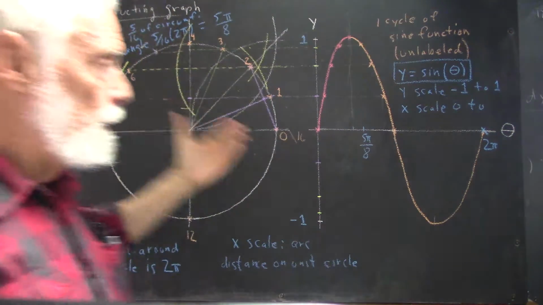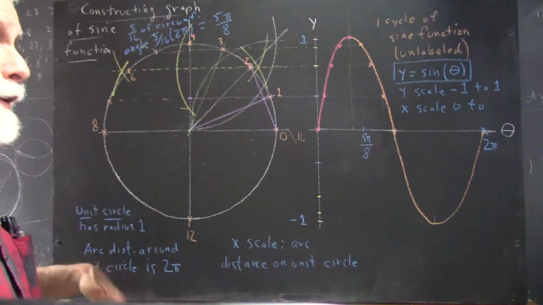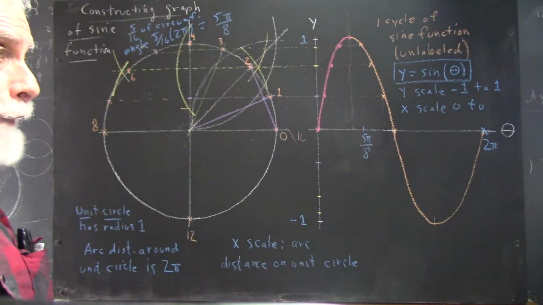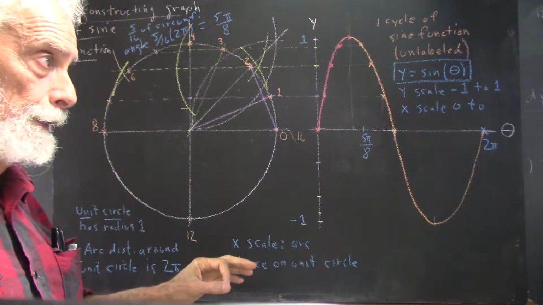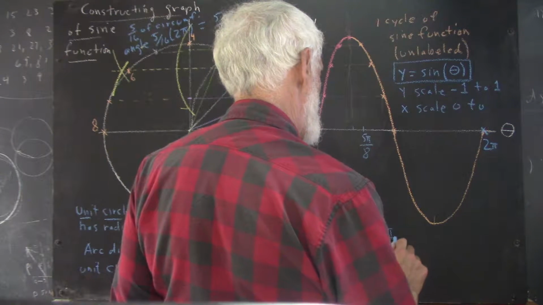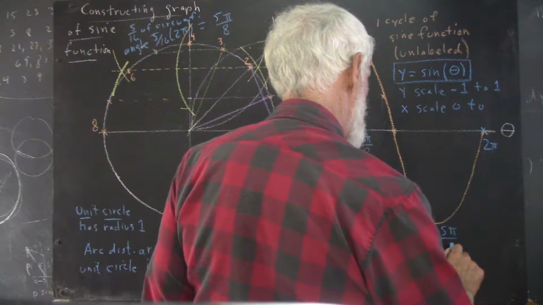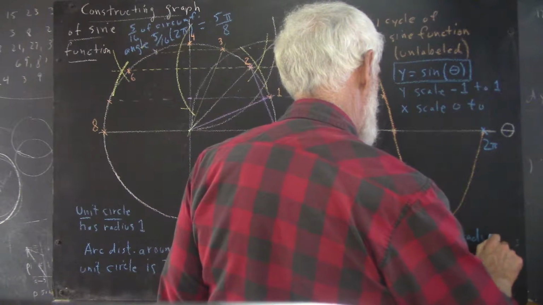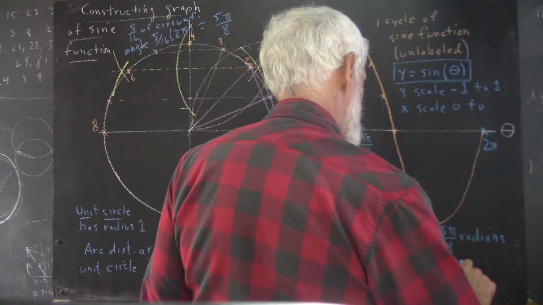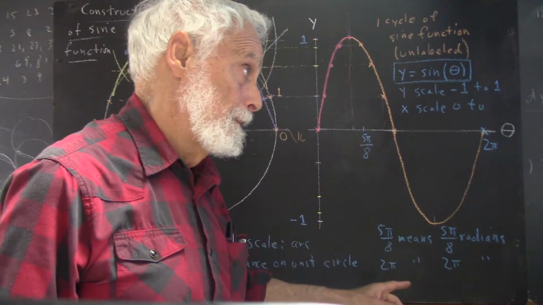Now, when we use this measure of angle, we can just say the angle is 2 pi. The angle is 5 pi over 8. If we have to call it something, we call it radians. So 5 pi over 8 means 5 pi over 8 radians. 2 pi means 2 pi radians. We don't have to say radians.